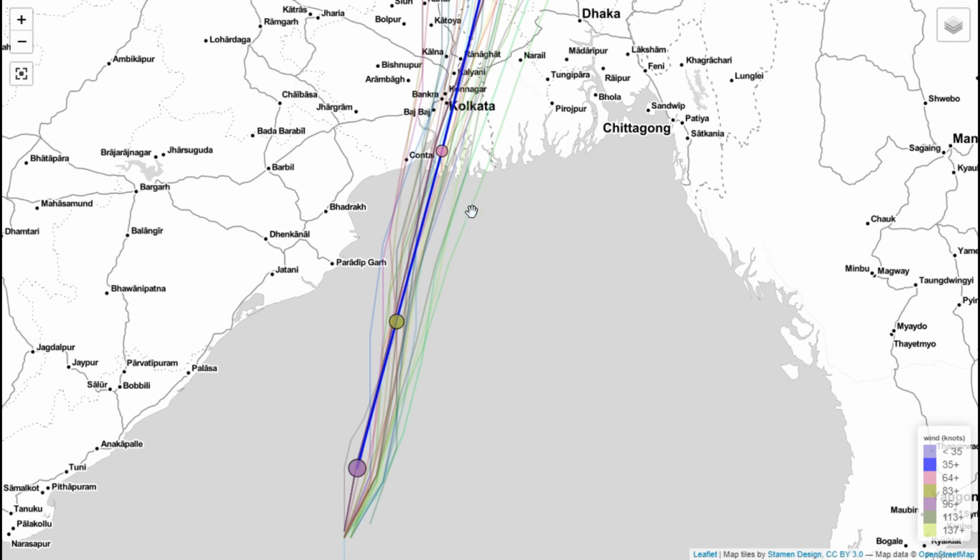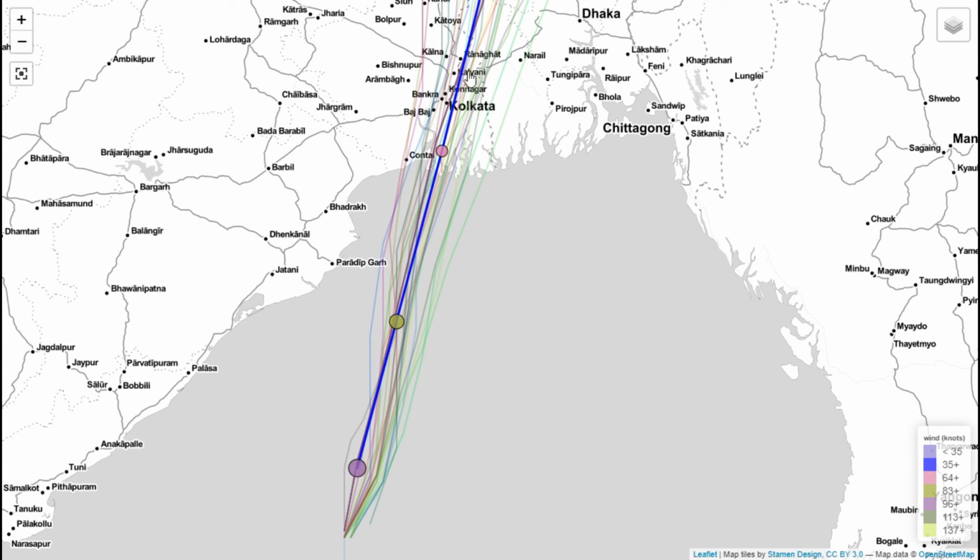Now let us zoom in again. Now you will see lots of places. This particular map is showing the path along with approximate wind speed.